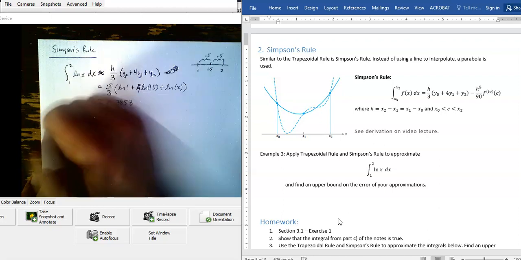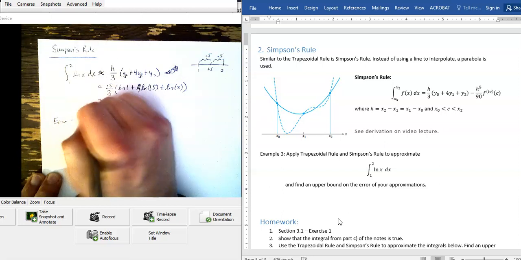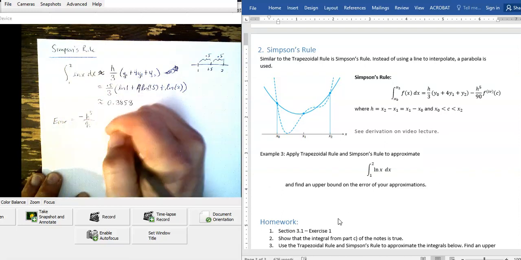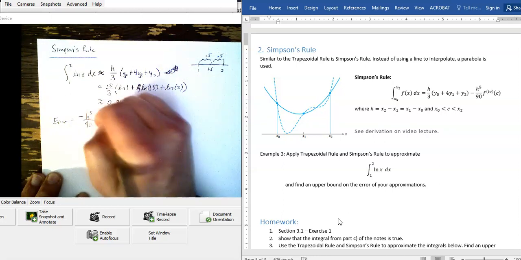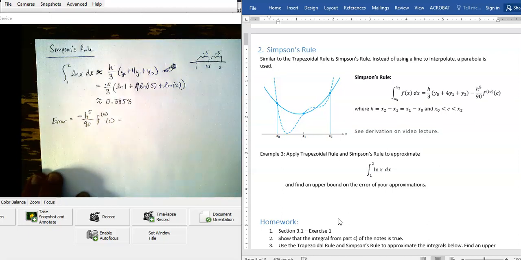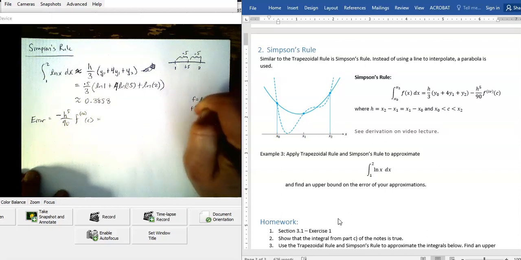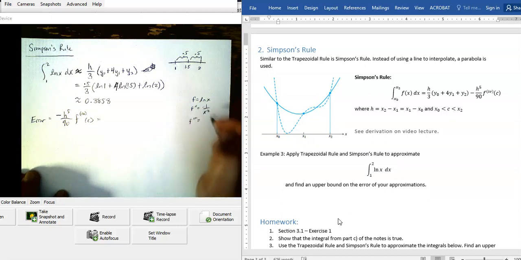For error, Simpson's rule says our error is negative h to the 5th over 90 times f quadruple prime at c. So we know f was the natural log of x, f double prime was negative 1 over x squared, so f triple prime is 2 over x to the 3rd, and quadruple prime would give us negative 6 over x to the 4th.